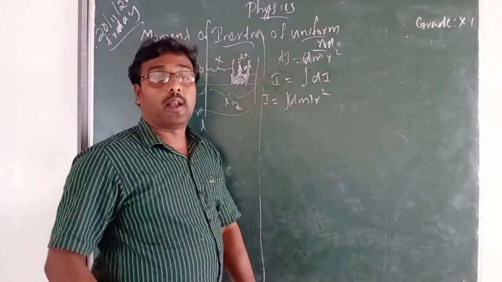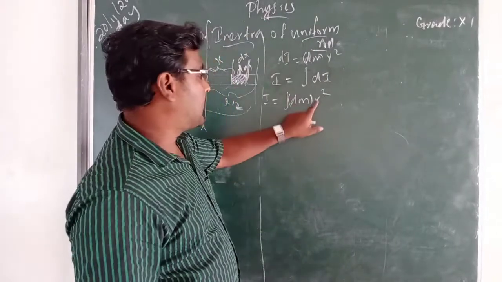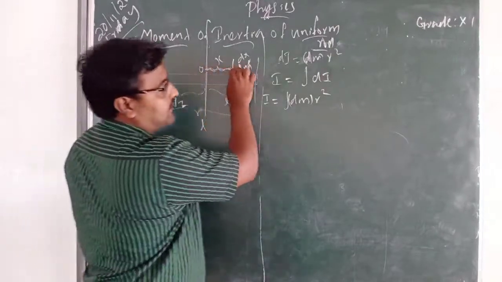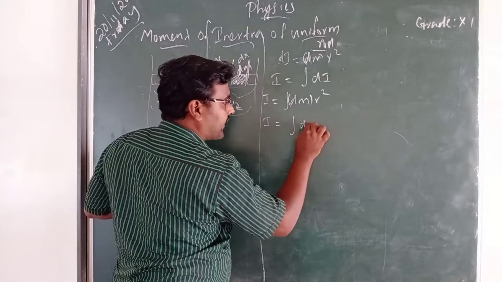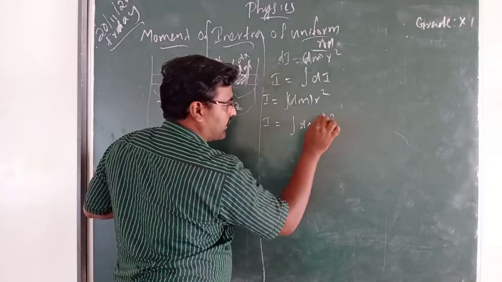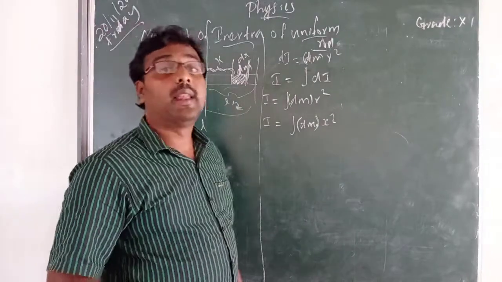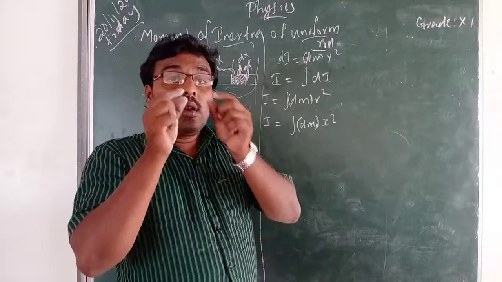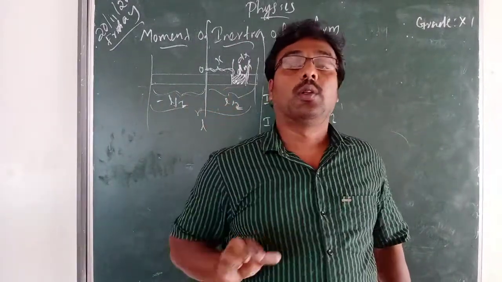Now we have to find this dm and this r square. What is the distance here? The distance is x, so I is equal to integration of dm x square. Now we have to find dm. dm means a small mass taken from the uniform rod.